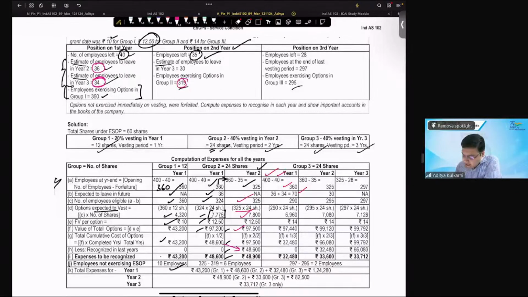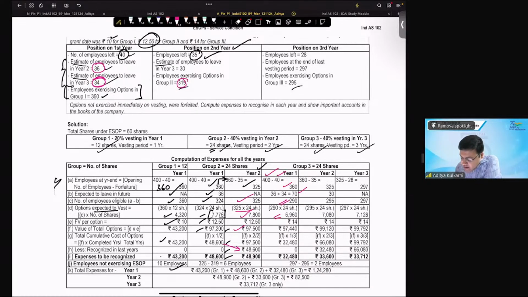So 360 minus 70, I expect 290 employees to become eligible. So 290 into 24, 6,960 options are expected to vest.